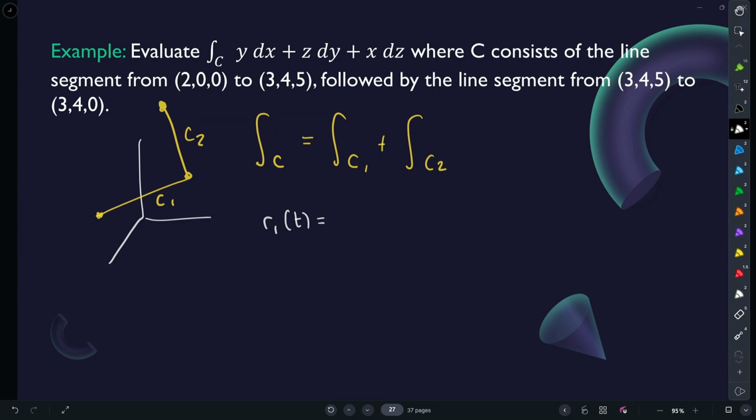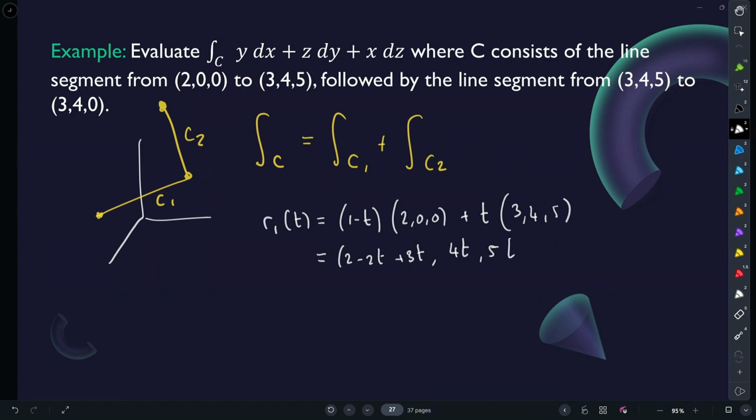For the path from 2, 0, 0 to 3, 4, 5, remember that we had that 1 minus t times p. So this is 1 minus t times 2, 0, 0 plus t times 3, 4, 5. That would be the path. This is 2 minus 2t plus 3t, and then those contributions are zeros, and then 4t, 5t.